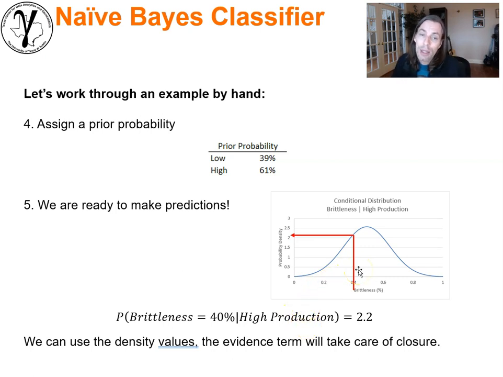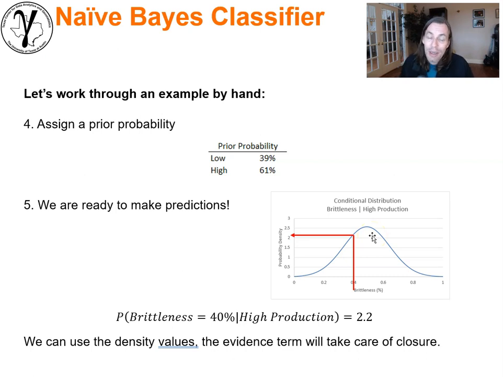Now if we go back to the probability density function from the Gaussian, we can look up a single value. In the case of brittleness, for brittleness equal to 40%, this is the distribution given high production, and we can get the probability, not a probability, but the density.